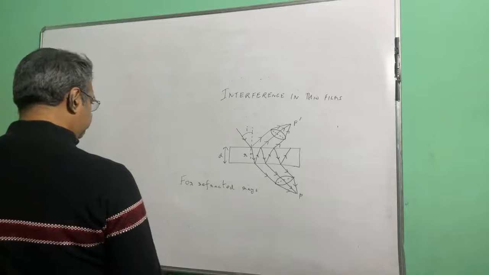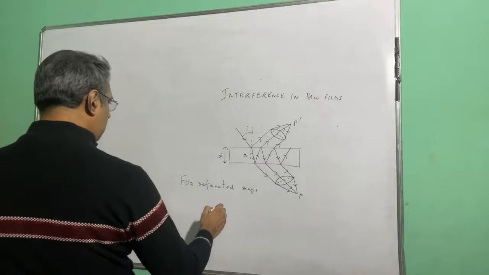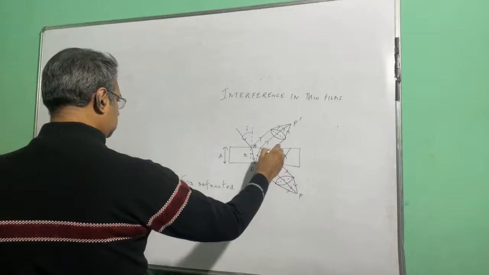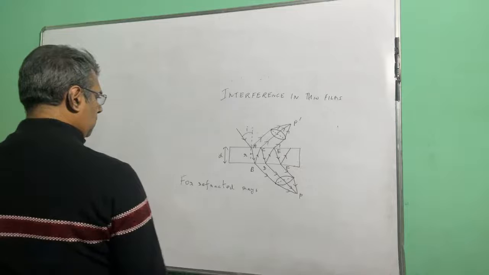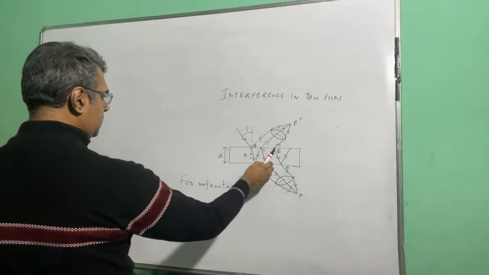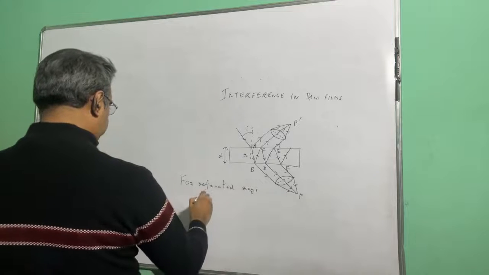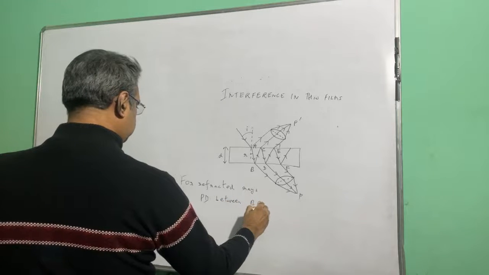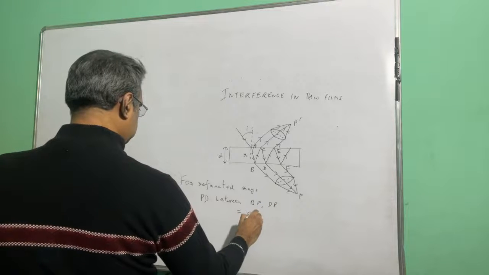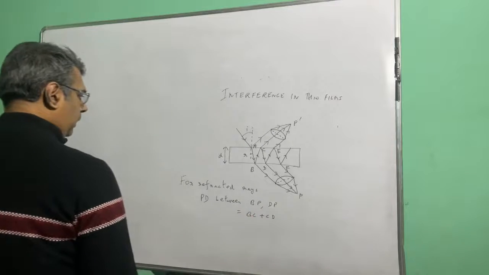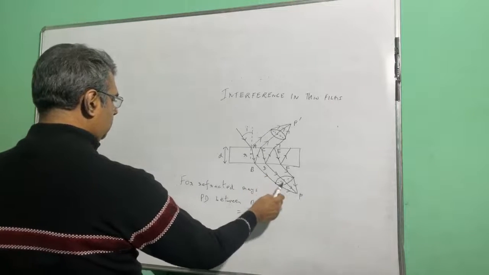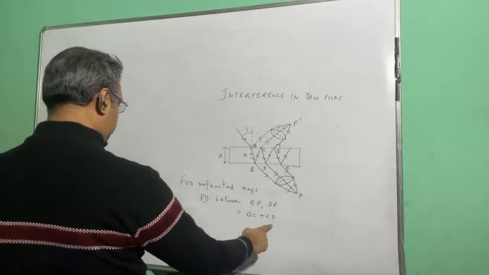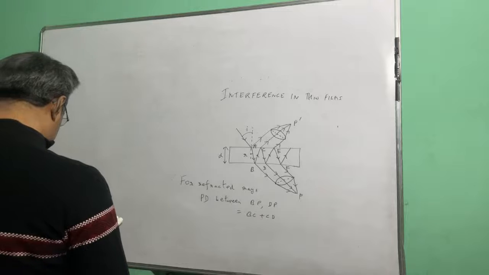So for the refracted rays, suppose this point is A, this is B, this is C, this is D, this is E, this is F. So the path difference between BP and DP is equal to BC plus CD.